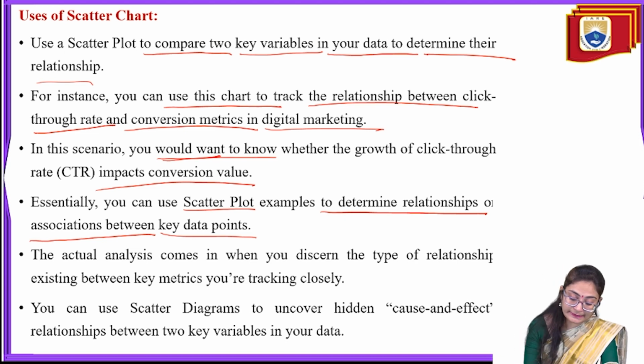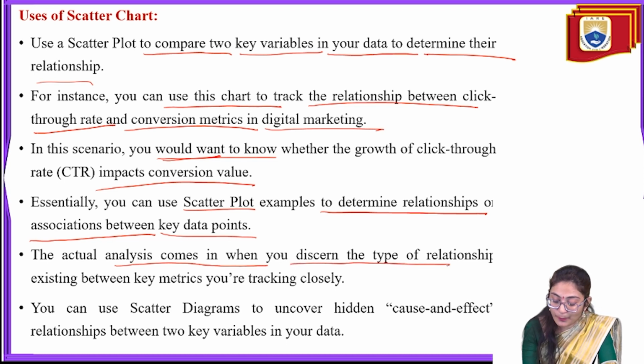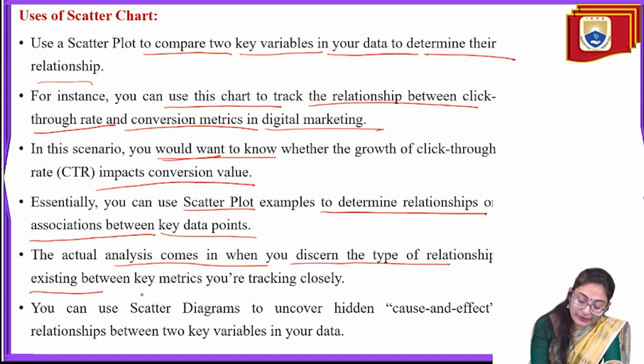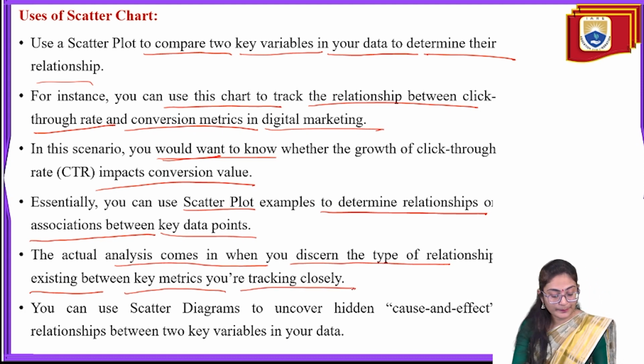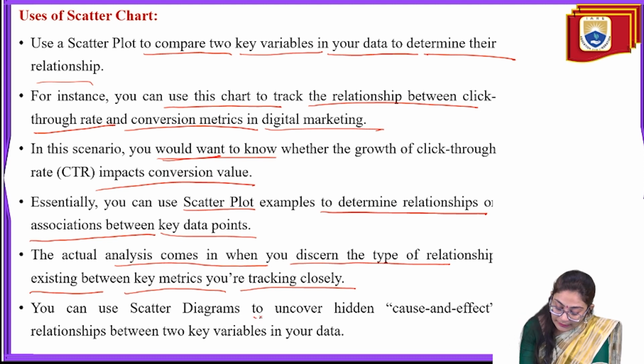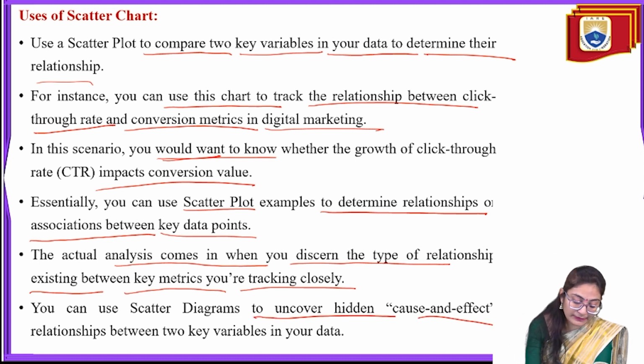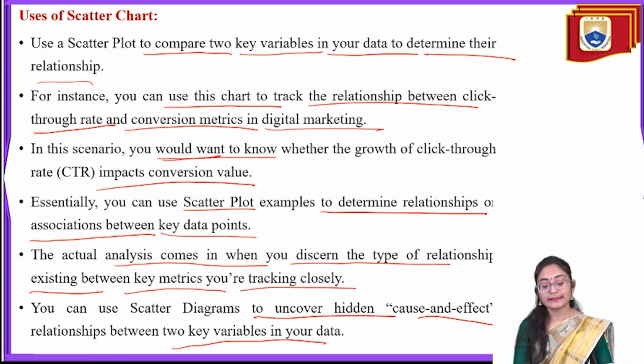The actual analysis comes in when you discern the type of relationship existing between the key metrics you are tracking closely. You can even use the scatter plot to uncover hidden cause and effect relationships between the two variables in your data.